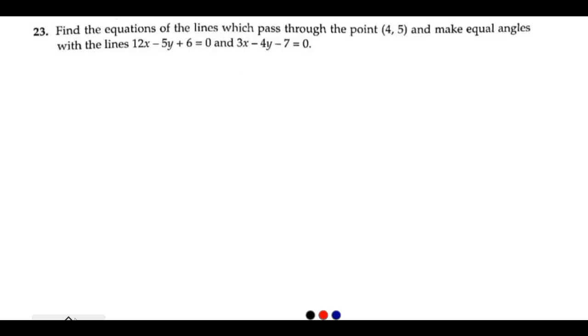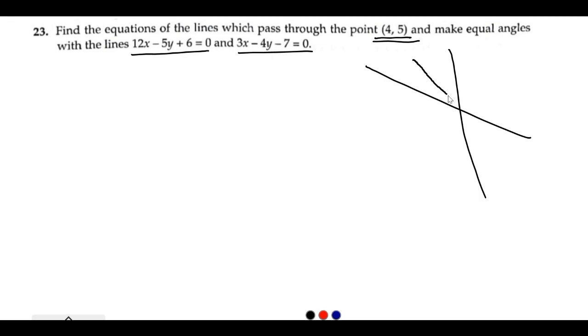Question number 23. Find the equations of the lines which pass through the point (4, 5) and make equal angles with the line this and this. Two lines are given and we have to find a line which makes equal angle with both the lines and is passing through this point.